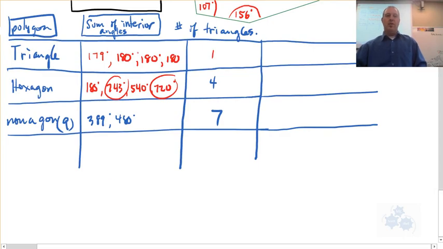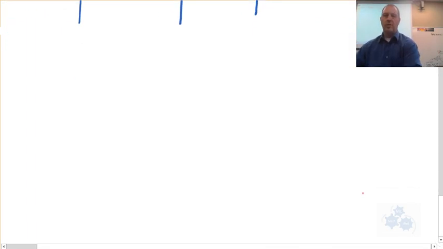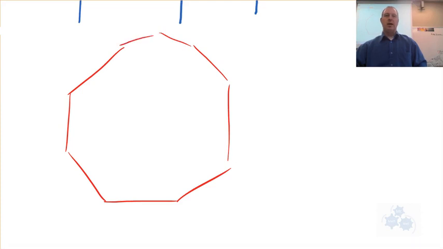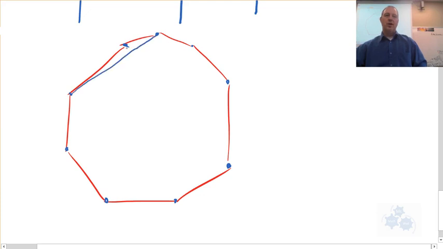Okay, so watch this real quick. I'm not going to measure the angles, but 1, 2, 3, 4, 5, 6, 7, 8, 9. If these are vertices, and that's really roughly drawn, we draw straight lines from any vertex to any non-adjacent vertex, I can do this.